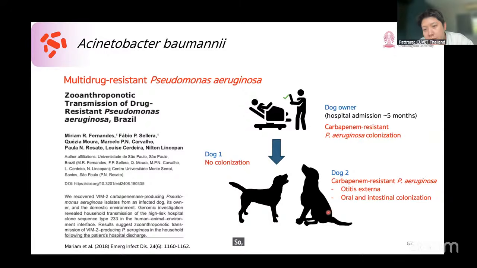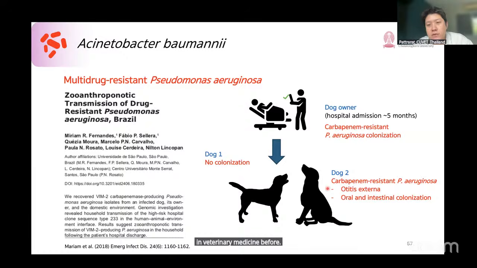So the vet collected a sample and sent it to the lab, and the positive agent is carbapenem-resistant Pseudomonas aeruginosa. It was uncommon to see carbapenem-resistant bacteria in veterinary medicine before.